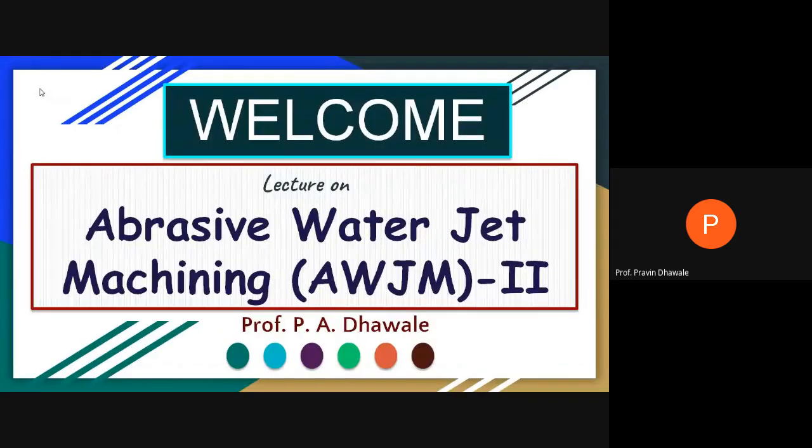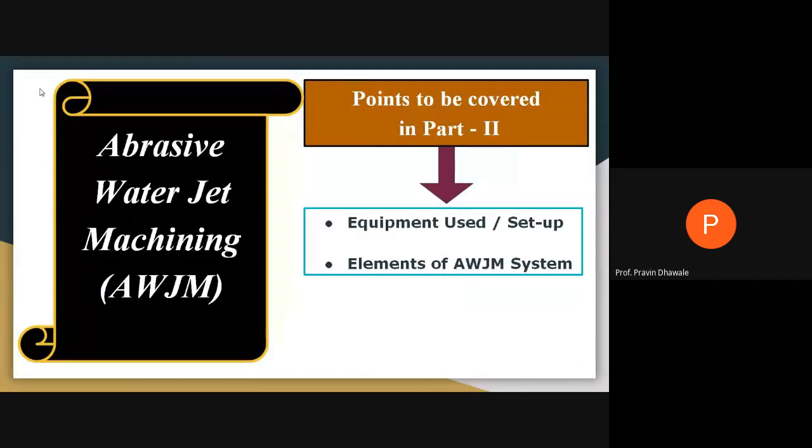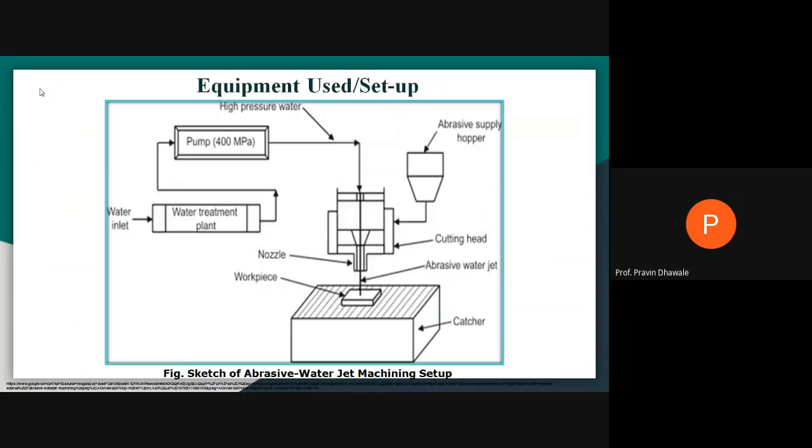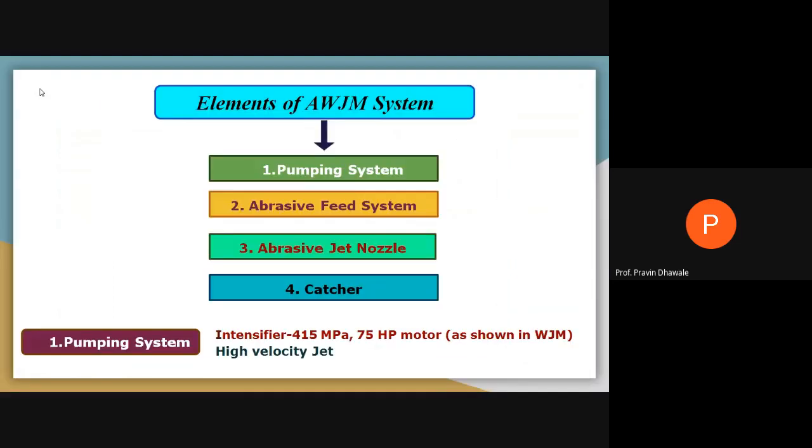Then we dealt with the second part: what is the experimental setup used for abrasive water jet machining, and what are the different elements used in it. These are the elements.